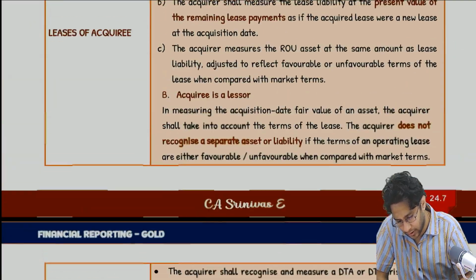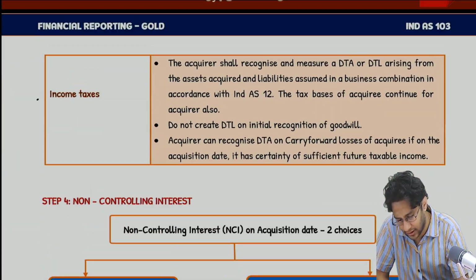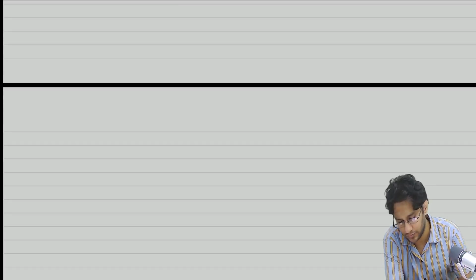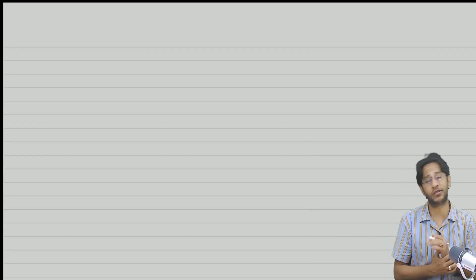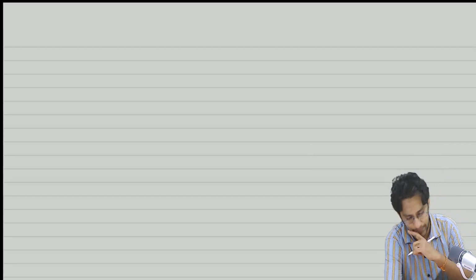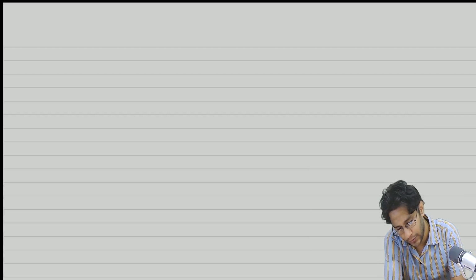Coming to the last aspect here, which is income taxes. On this, independent questions are also there. Even in Ind AS 12 also these are there. Anyway, we'll just quickly tell you. Suppose, sir, A is acquiring B Limited.